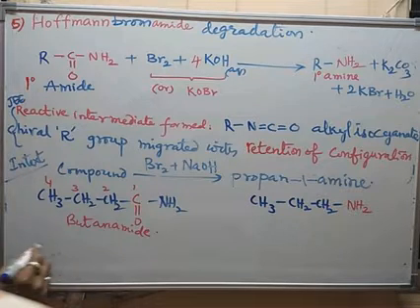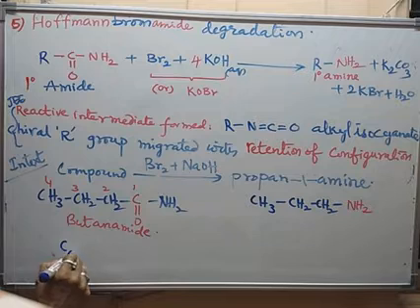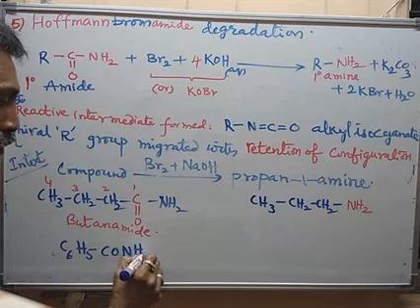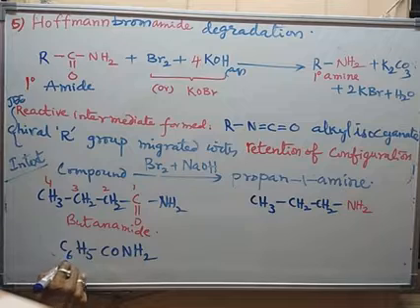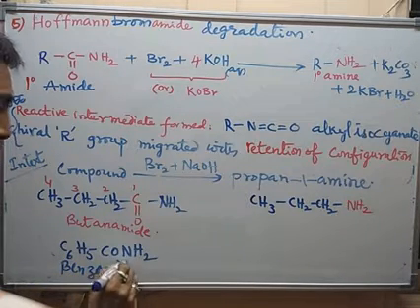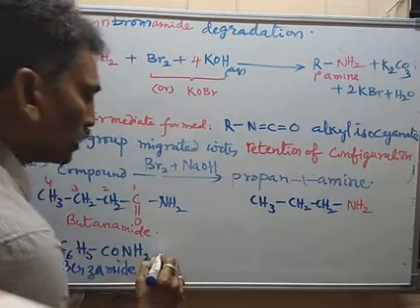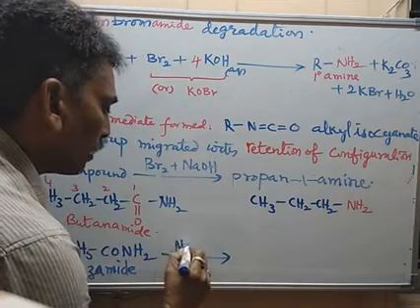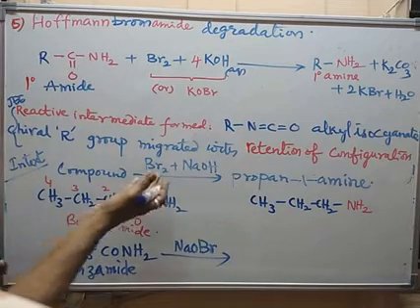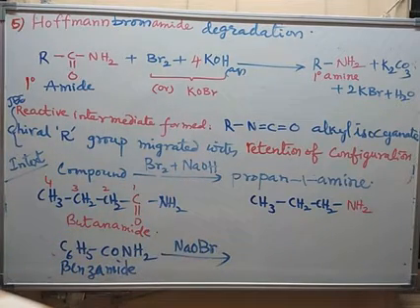Yes, one more you have to take: C6H5CONH2. Its name is benzamide. Benzamide is treated with, for example, NaOBr. In the examination, Br2 KOH or Br2 NaOH is given.